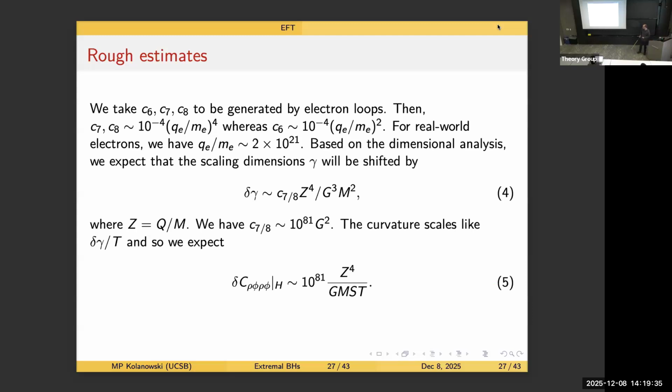Then based on dimensional analysis, we would expect that the change of the scaling dimension, which is dimensionless, should be given by this Wilson coefficient times Q over M times the following combination. And we know that C7 or C8 is quite large.